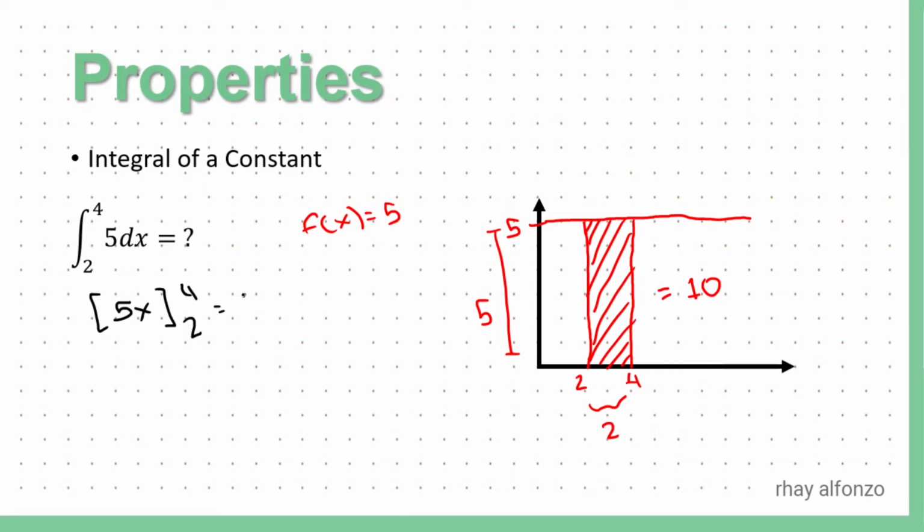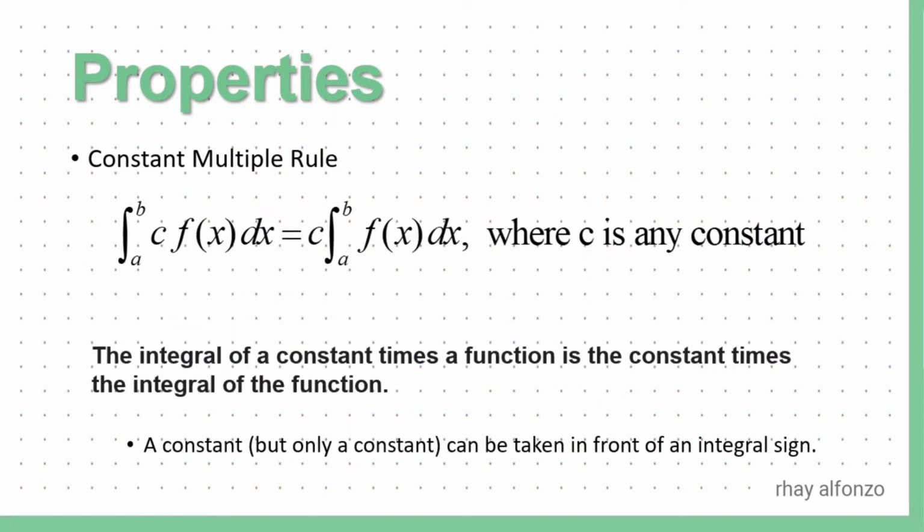So we get 5 times 4 minus 5 times 2. 5 times 4 is 20 and 5 times 2 is 10. So simplifying, what we get is 10, which matches the area under this function. So that's the first property, which is the integral of a constant.